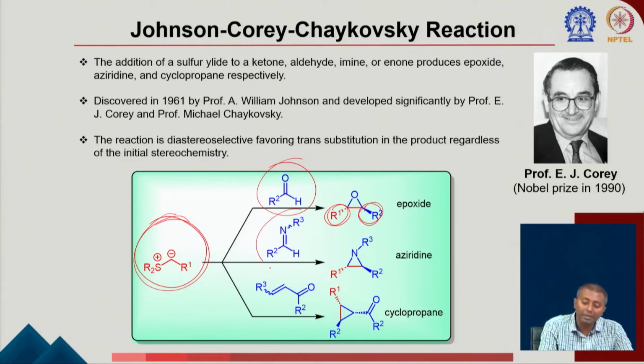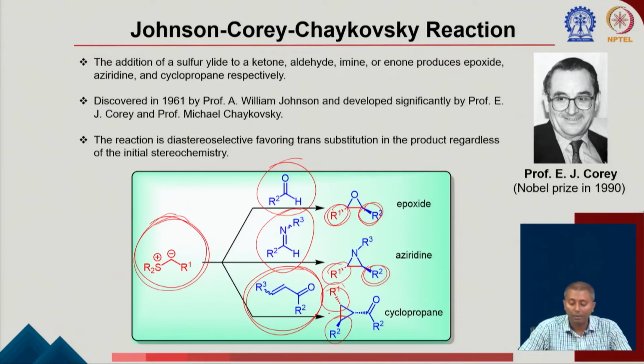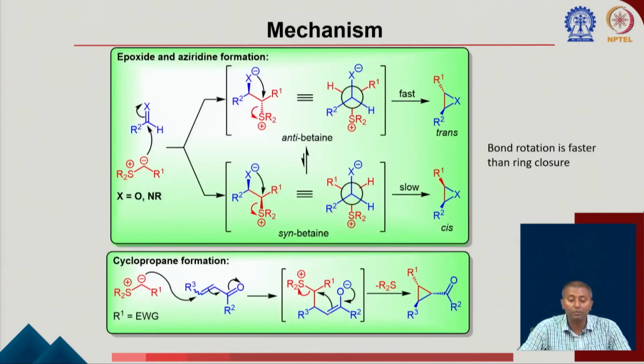If you react with an imine, you get a trans aziridine. And if you have alpha beta unsaturated carbonyl compounds, then you get a cyclopropane. Again, these are trans. We are going to understand why in every case they form this trans product.